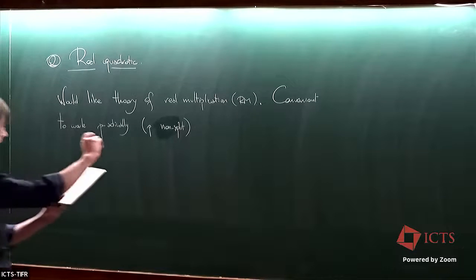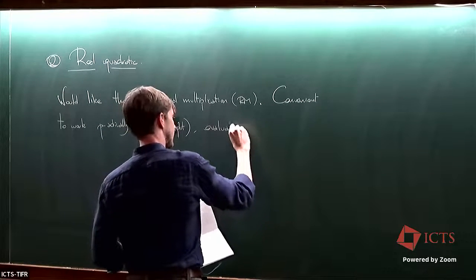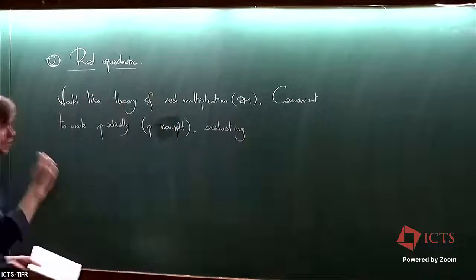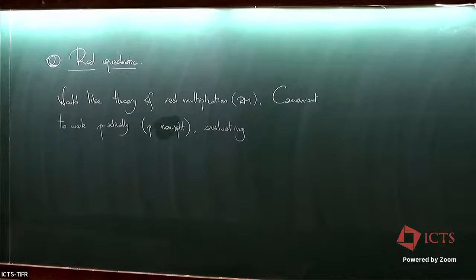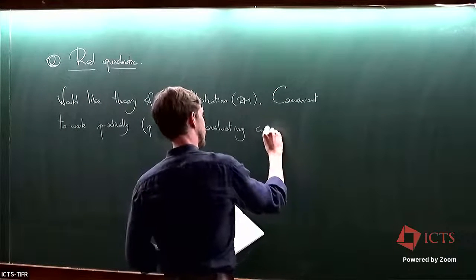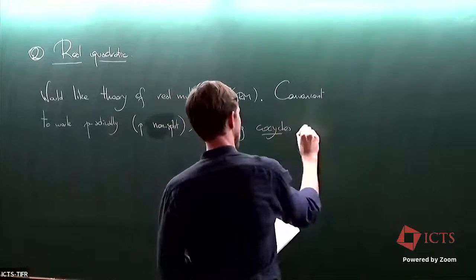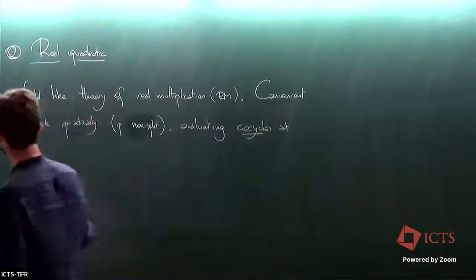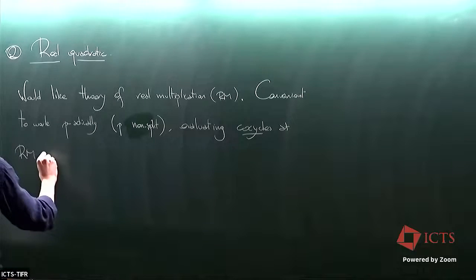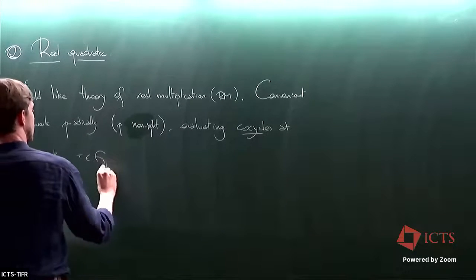Yes, so to work p-adically, where we would like to evaluate, again, some analytic objects at RM points. The analytic objects will no longer be modular functions, but one way to approach this problem is to evaluate certain cocycles at RM points τ in the p-adic upper half plane.